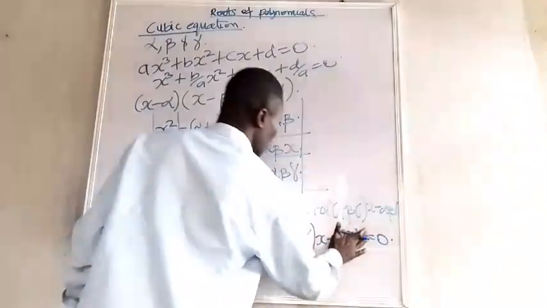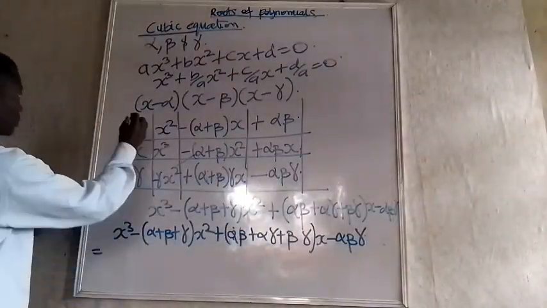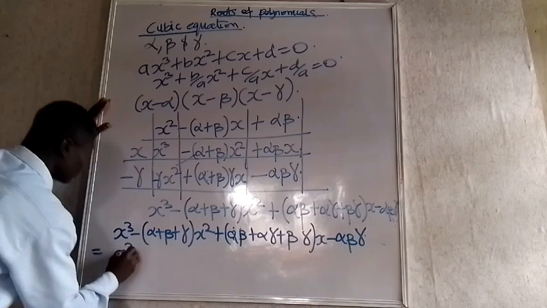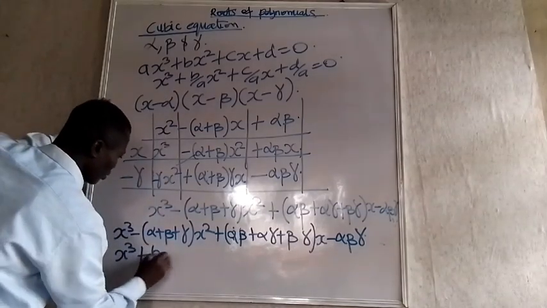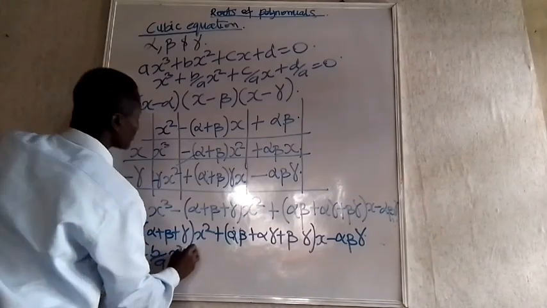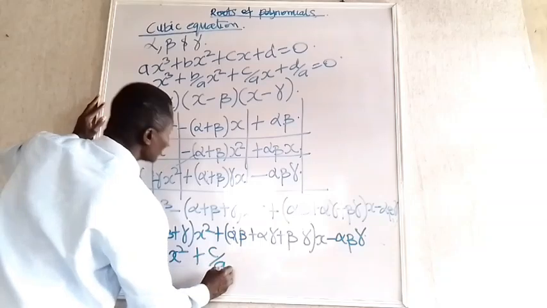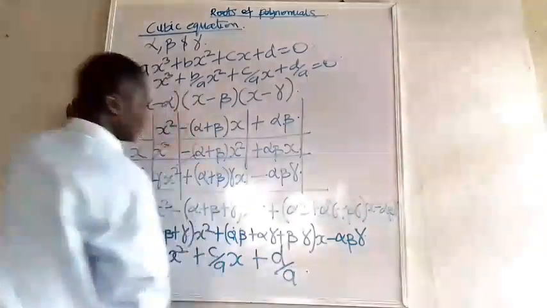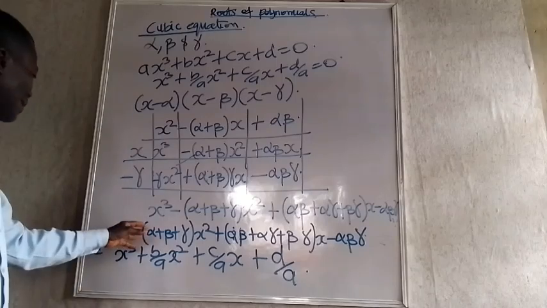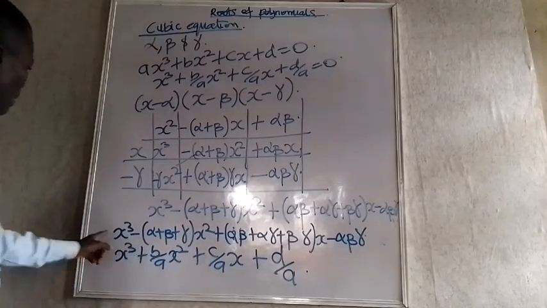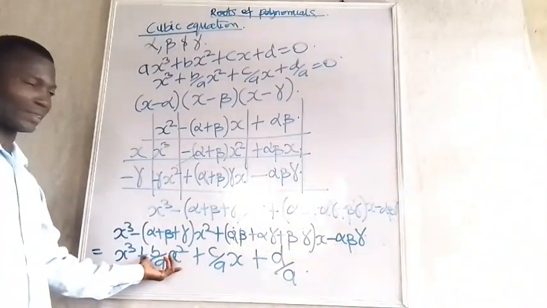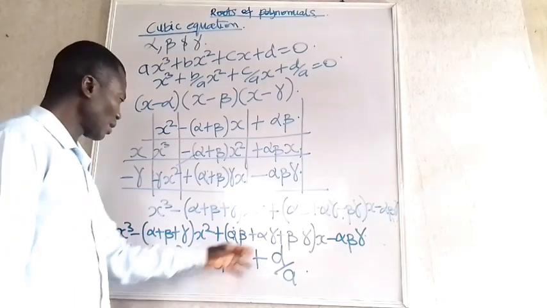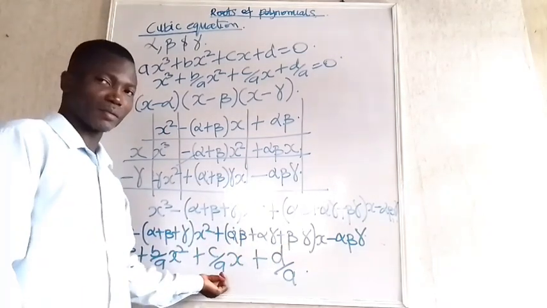So at the end of the day, you can equate the two and say it's equal to x cubed plus b over a x squared plus c over a x plus d over a. Now, because we have equated the two, we will equate the coefficients to really know what this is in this equation.